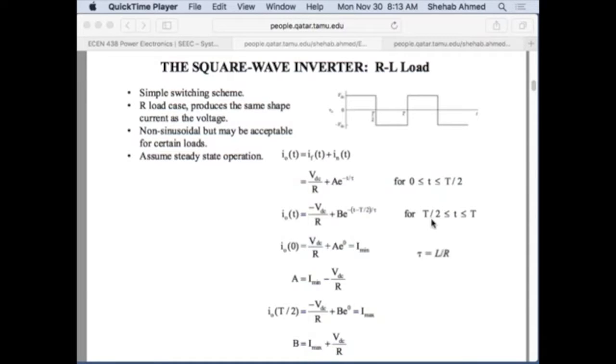And then from T over 2 to capital T, you have minus V DC over R as your forced response, and then B e to the minus t over tau, with the shift of axis, equal to T over 2. And how would you find B? Same issue.